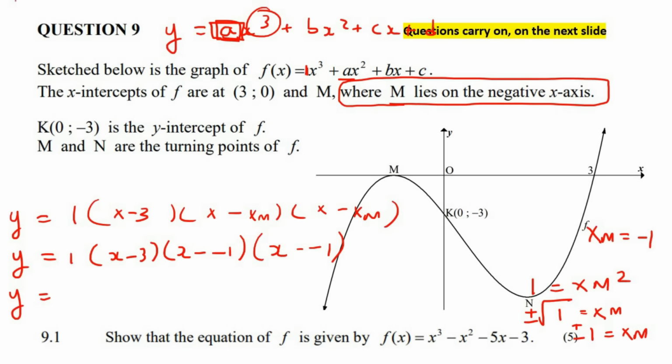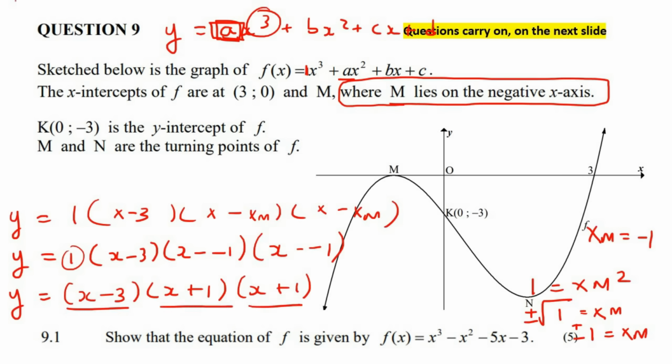I have shown that many times before, so I hope you were aware of that. Now, let's carry on. So I'm going to leave this one, it's not necessary. So we have x minus 3, x plus 1, and another x plus 1. In fact, that's perfect. Now we just multiply everything out. When you have 3 brackets, you can multiply any 2 of them together. It doesn't matter, but I'm going to do these 2 together.